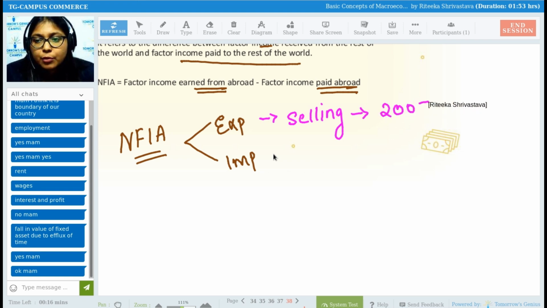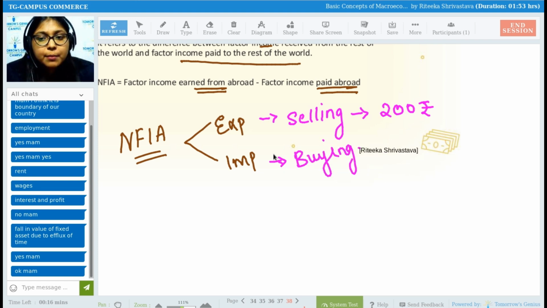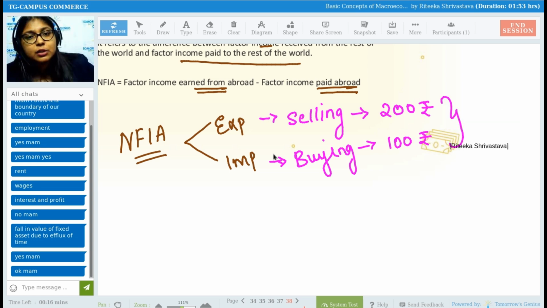Say suppose we have received the income of 200 rupees. At the same time, we have done importing of goods and services. Importing of goods and services means buying of goods and services. Since we are buying the goods and services, we might have done the payment. Say suppose we have done the payment of 100 rupees. Now from this information, we have to find out what is net factor income from abroad or NFIA.